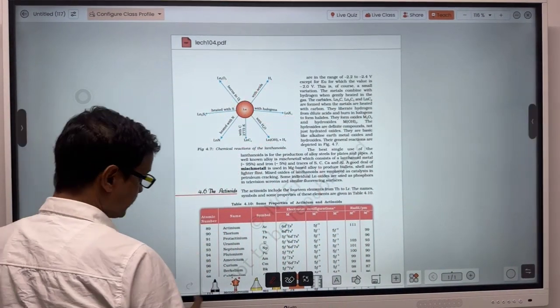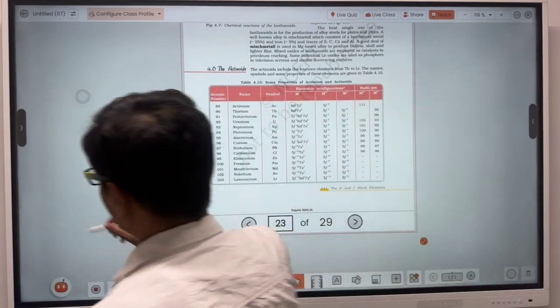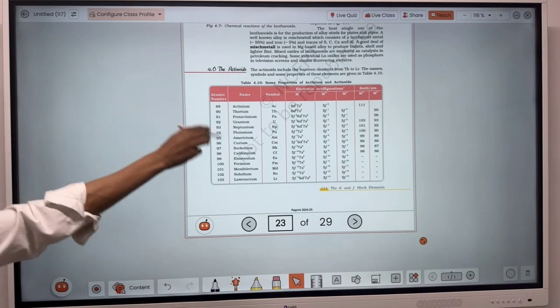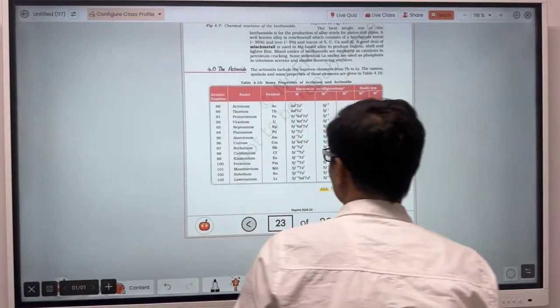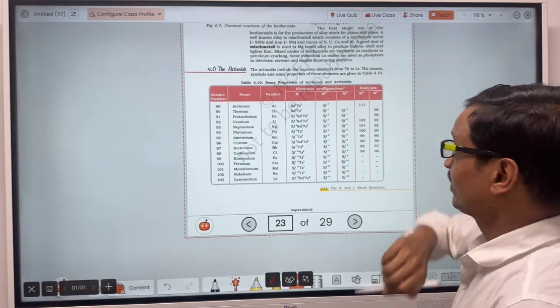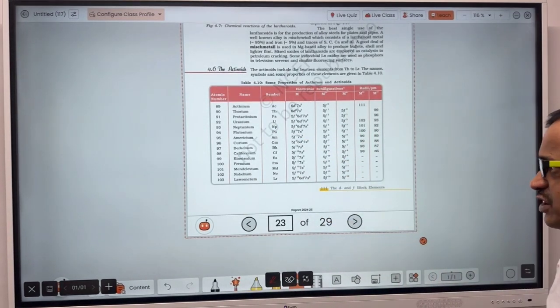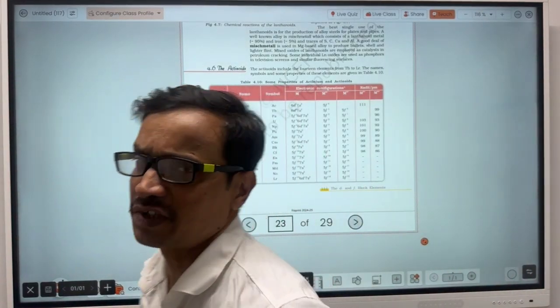Now let's see another one, the actinoids. About the actinoids, first one, electronic configuration, frequently not asked, but I will tell you here. All the elements of the actinoids are radioactive, and that's why a detailed study of the actinoids is not available.